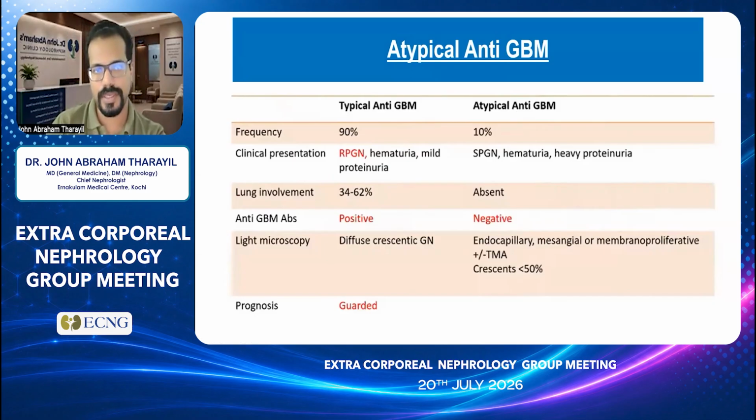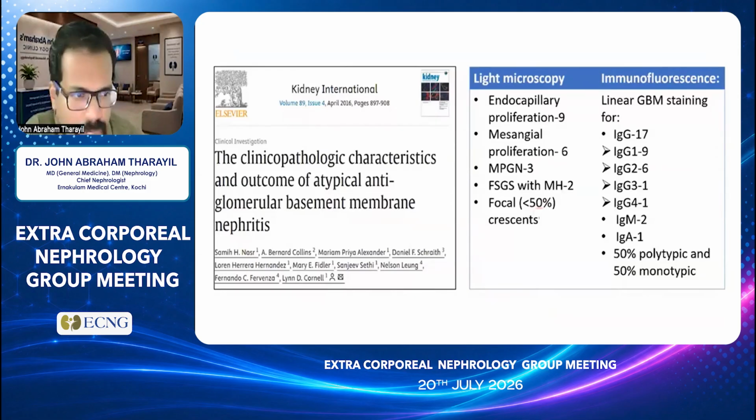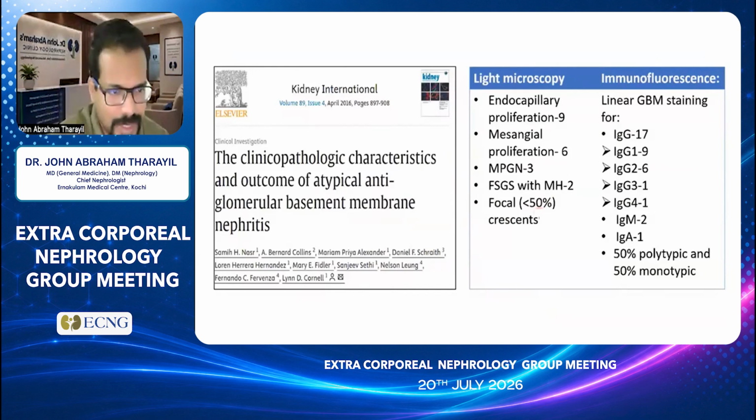So this slide depicts the difference between a typical and atypical anti-GBM disease. Now, the Mayo group has put forward a classification. They published the clinicopathological characteristics and outcomes of atypical anti-GBM nephritis in 2016.